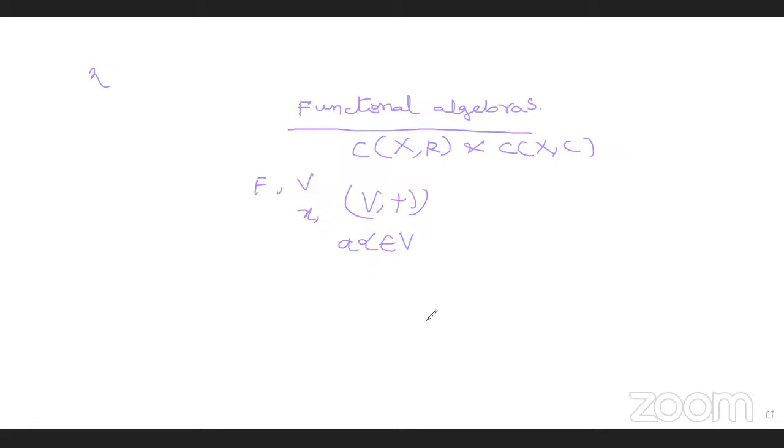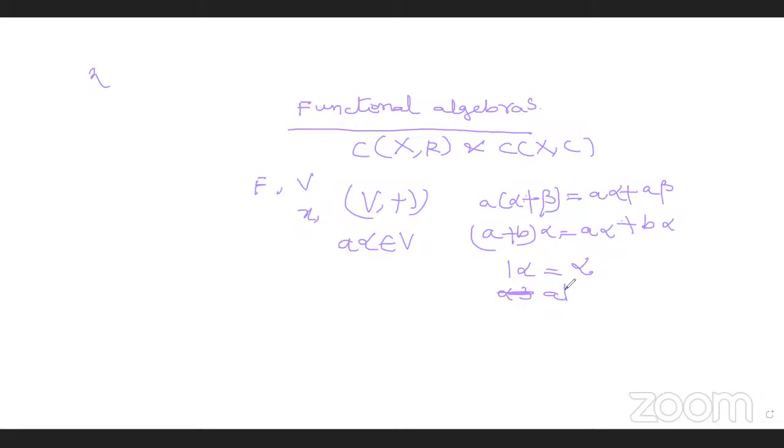And it satisfies properties like a into alpha plus beta is equal to a alpha plus a beta, and a plus b into alpha is equal to a alpha plus b alpha, and 1 into alpha is equal to alpha, and alpha ab is equal to a into b alpha.